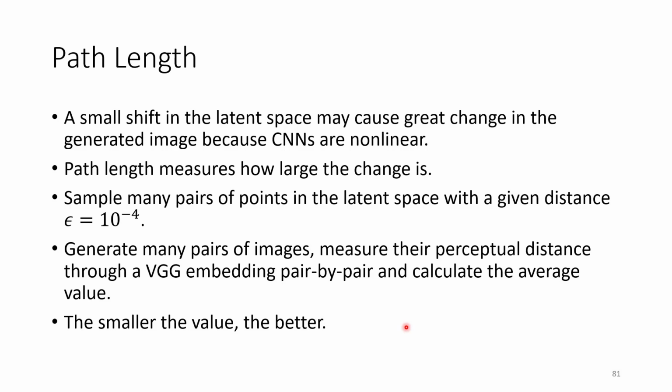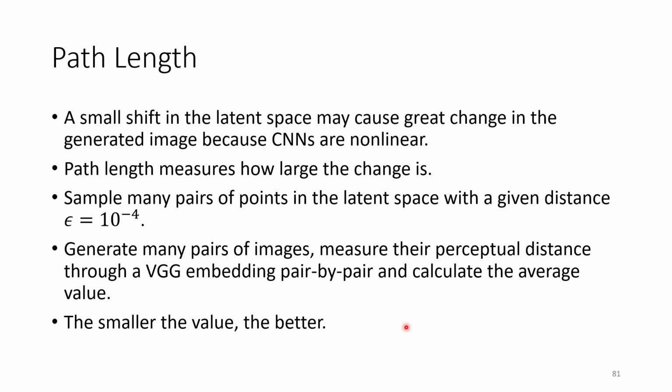So they want to measure, if we have a small shift in the latent space, how much will be the difference in the output domain. So this is the definition of latent path length. If the shift in the latent space is very, very small, say just 10 to the power of negative 4, then how to do it?